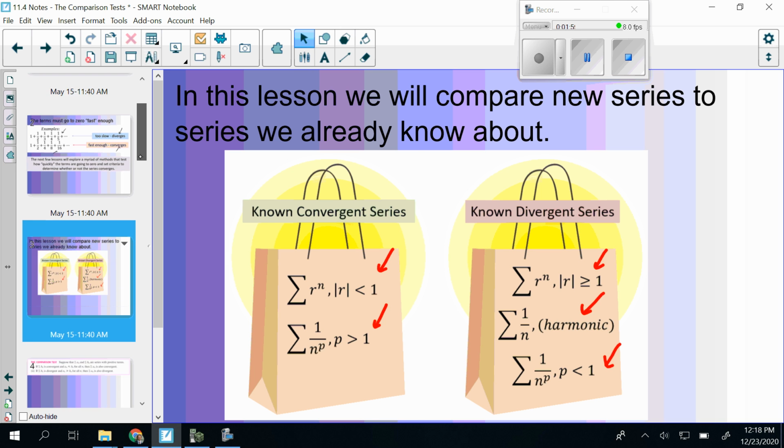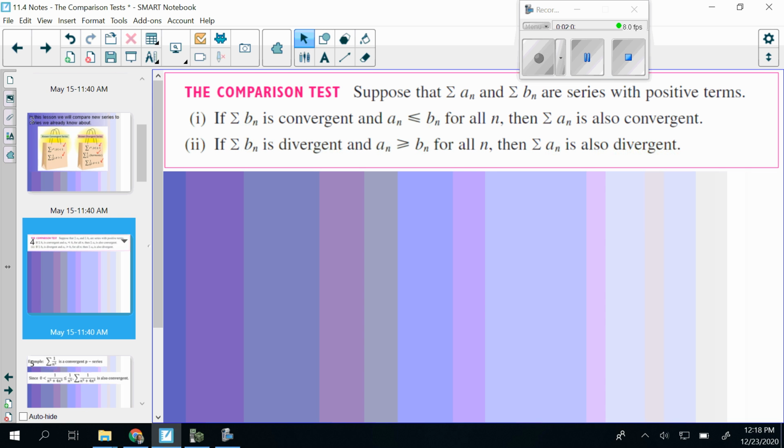One of those being the comparison test. What we're going to do with this comparison test is suppose that we have two series, A and B, with positive terms. B is convergent, and A is less than B for all n, then A will also be convergent.